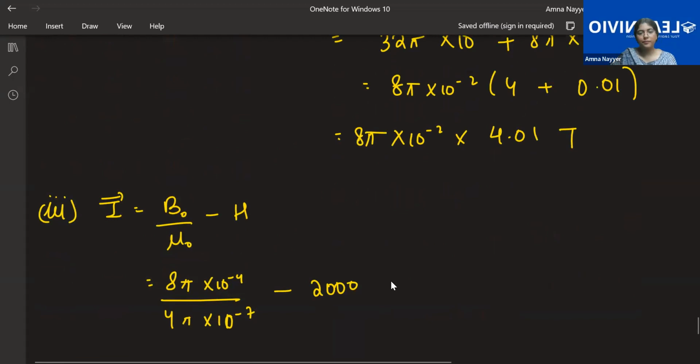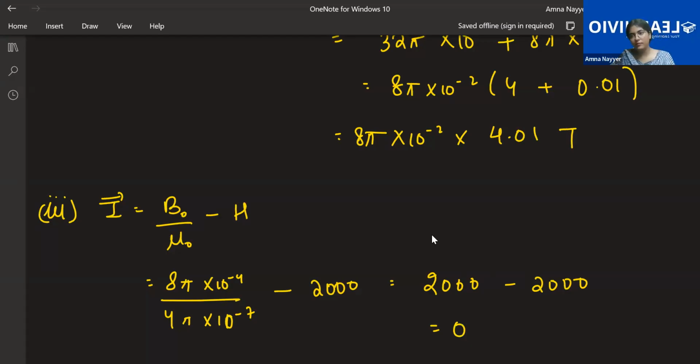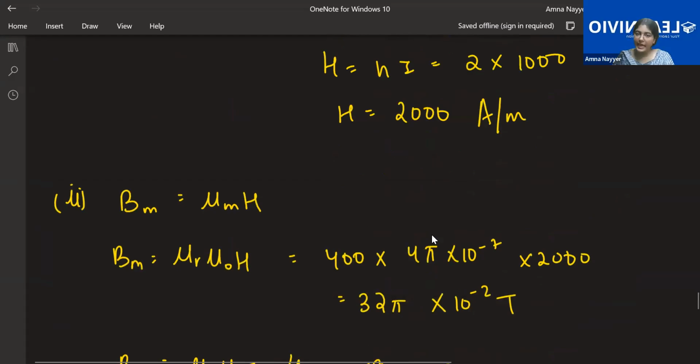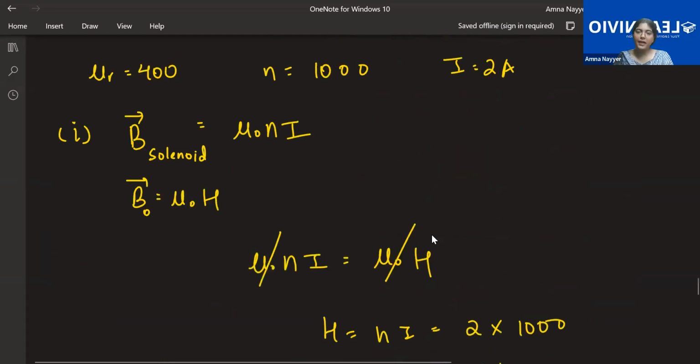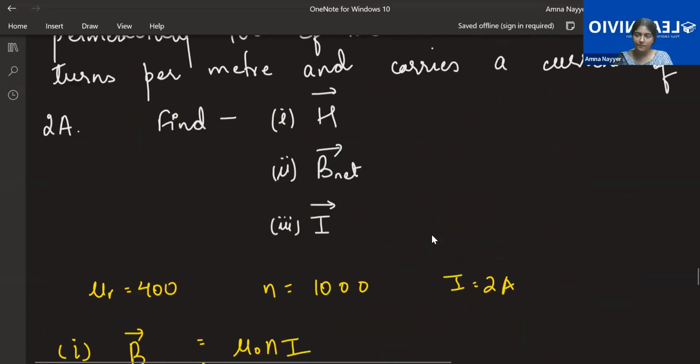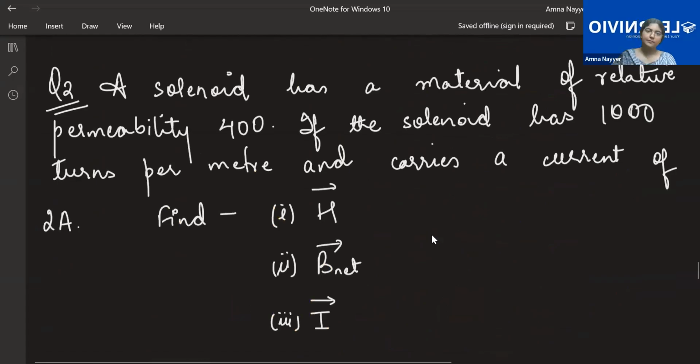So this makes it 2000 minus 2000, that is zero. Here it is. Got it? Write it down and start practicing this chapter also.